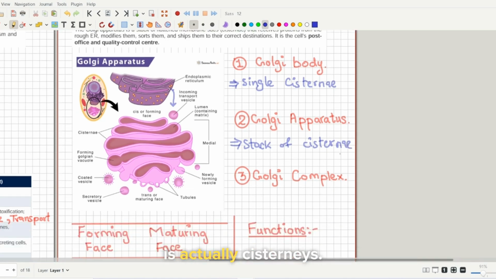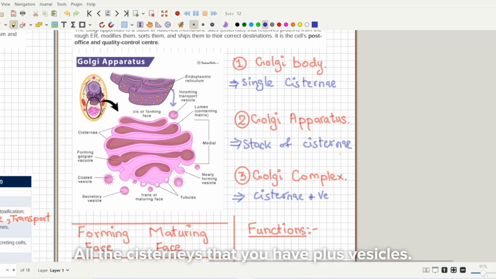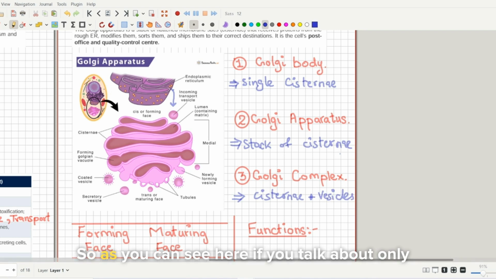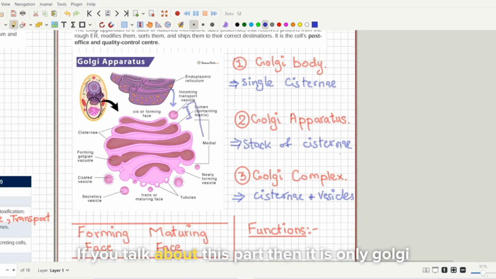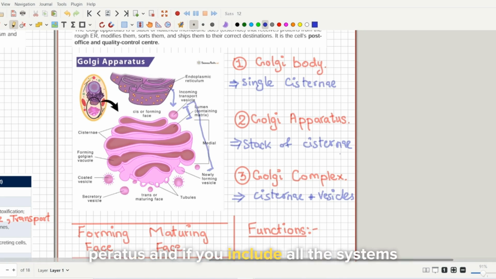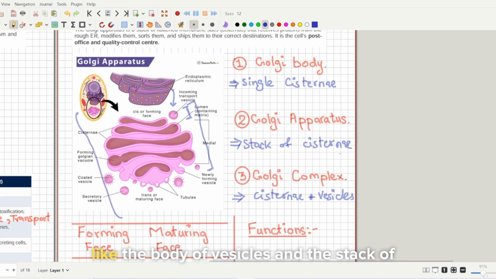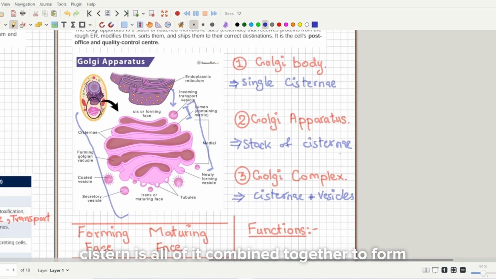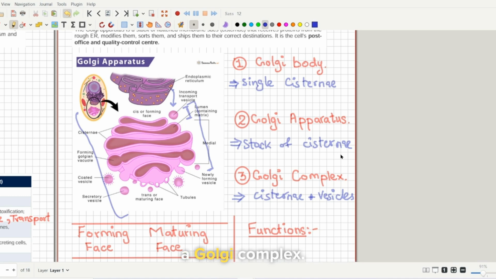The Golgi complex is all the cisternae that you have plus vesicles. As you can see here, if we talk about only this part, then it is a Golgi body. If we talk about this part, then it is the Golgi apparatus. And if we include all the systems, like the budded vesicles and the stack of cisternae, all of it combined together forms the Golgi complex.